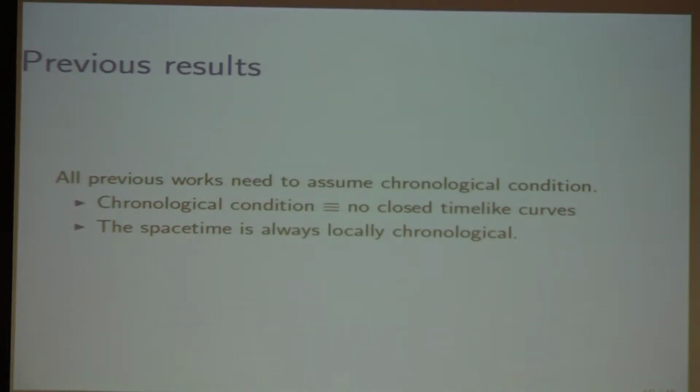It means that you cannot travel from the future to the past. So this is a very reasonable physical condition. It is easy to see that space-time is always locally chronological. But in the whole, we do not know actually.